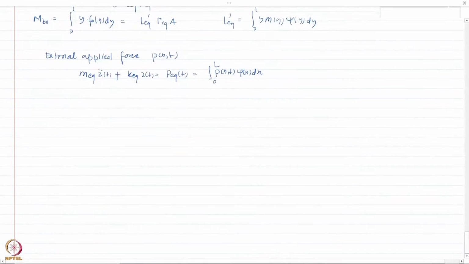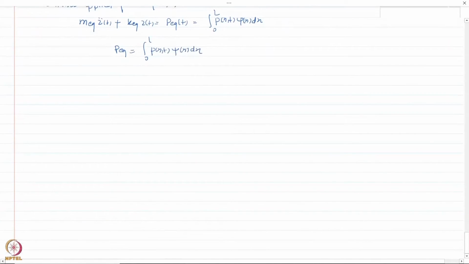So in this case, my P equivalent becomes whatever the force distribution is that is given to you, multiplied with the shape function phi(x) and integrated over the whole length. All right. So instead of ground excitation, if you have a force acting throughout the length of the structural element, then we can utilize this expression to find out and then further solve the system.